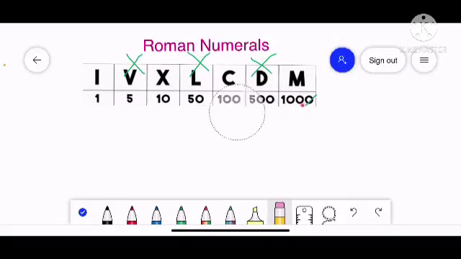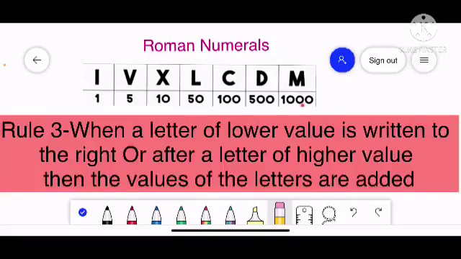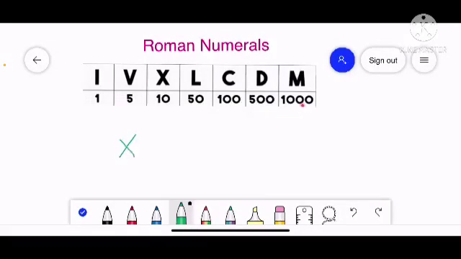Now, rule number 3: when a number of lower value is written to the right, after a letter of higher value, the values of the letters are added. One example: X and V. The value of letter X is 10 and the value of letter V is 5.